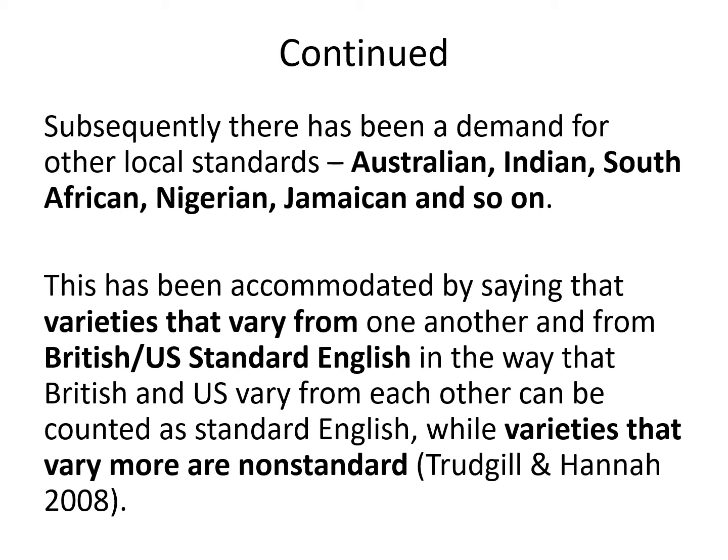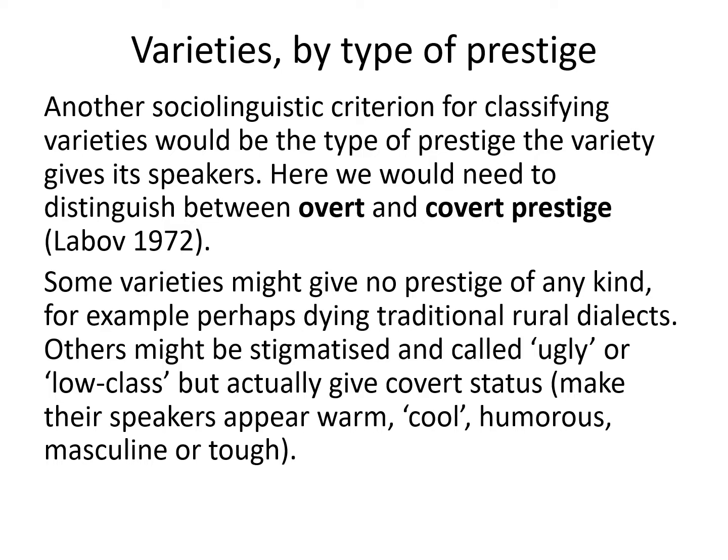This has been accommodated by saying that varieties that vary from one another and from British and US standard English in the way that British and US vary from each other can be counted as standard English, while varieties that vary more, those different from British and US standards, are called non-standard or non-standardized varieties, by type of prestige.